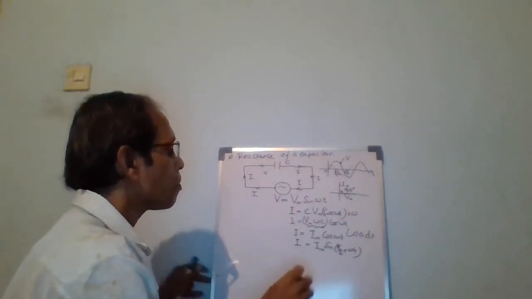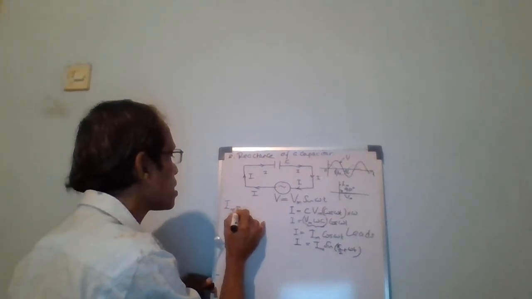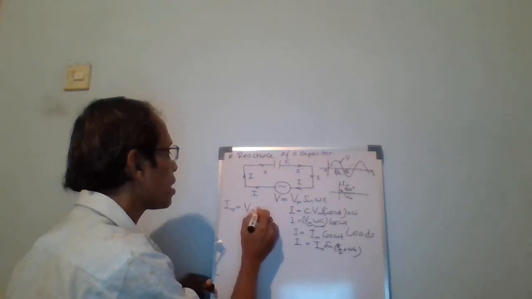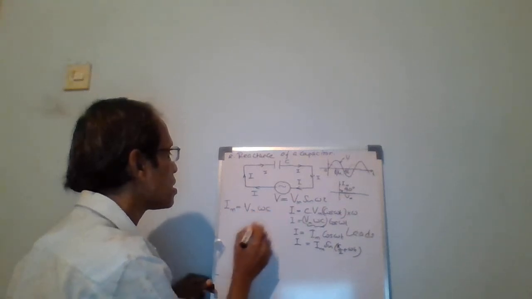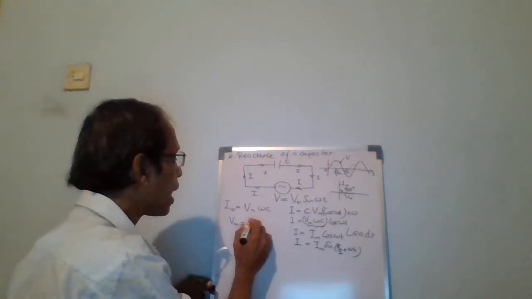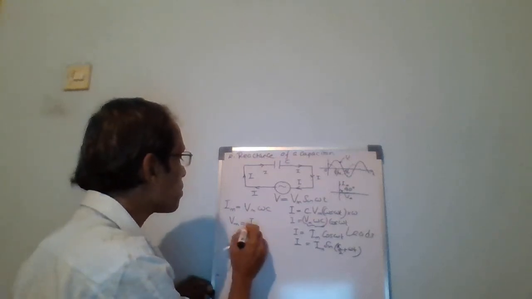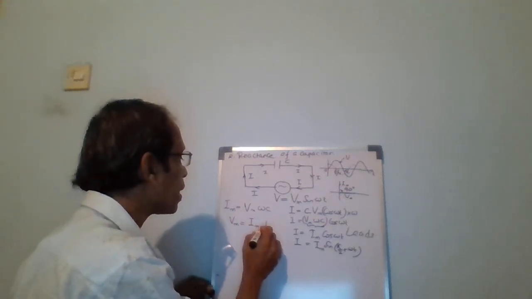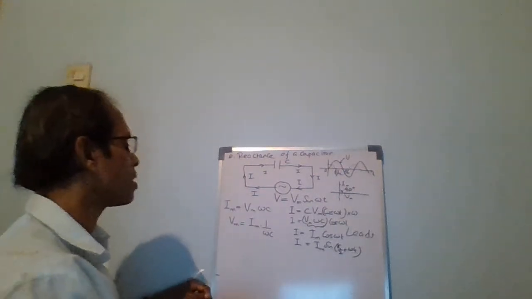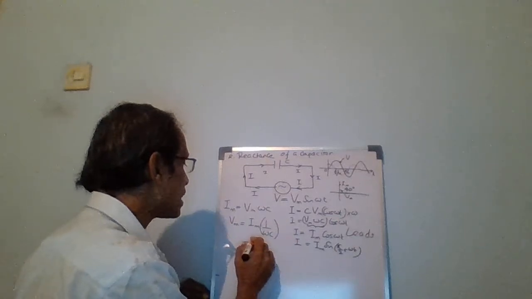What is Im here? Im is equal to Vm omega c. Earlier we wrote Vm is equal to Im into R, but here Vm is equal to Im into 1 over omega c. This quantity we write as Xc.